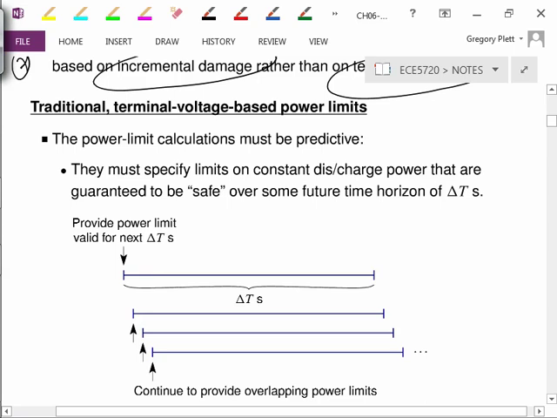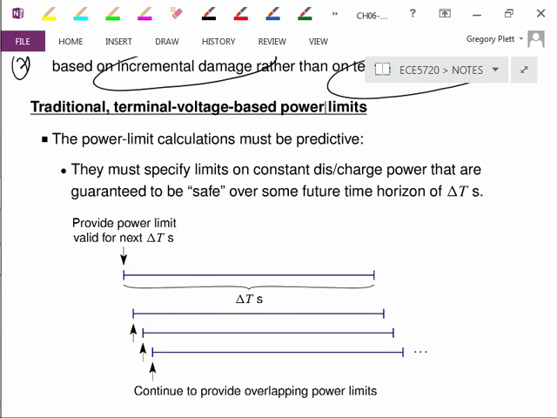The traditional voltage-based power limits say that the terminal voltage of this cell is not allowed to exceed some maximum voltage or to be lower than some minimum voltage. And the nature of the calculation of power is not instantaneous, although we recognize that power is itself an instantaneous quantity.